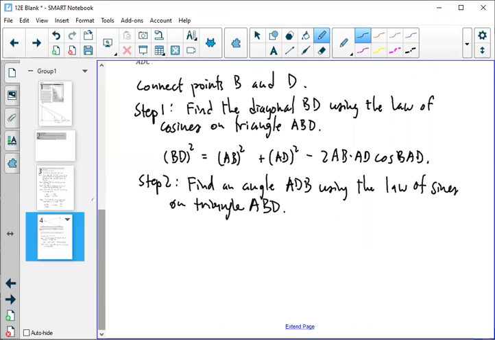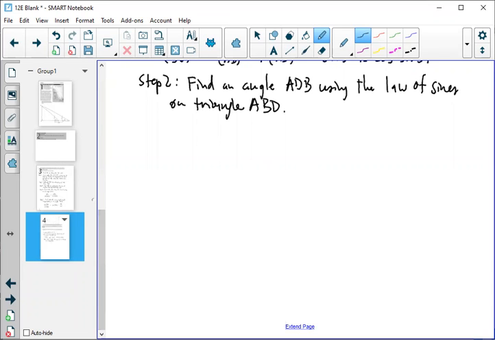We scroll up here, make some more room. And what that would look like, we could write it as the sine of ADB over AB is equal to the sine of BAD over BD.